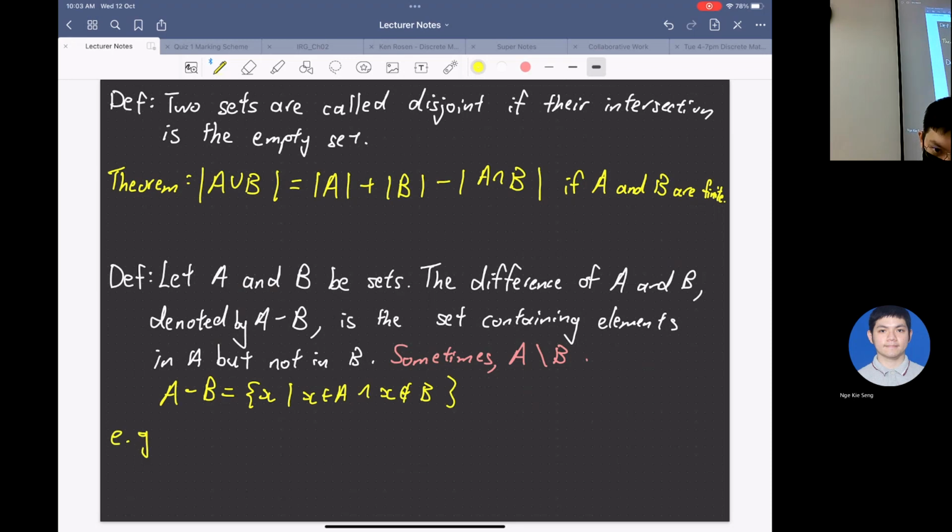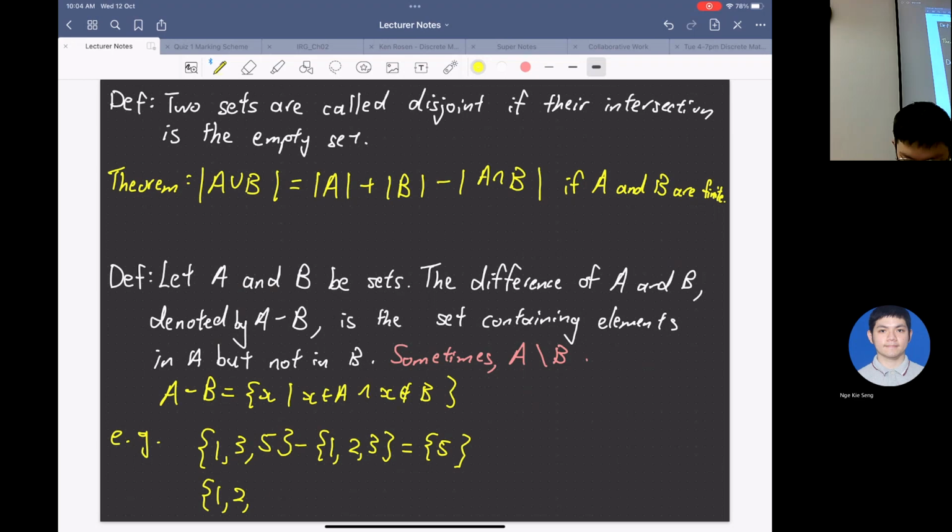For example, let us take our running example. {1, 3, 5} minus {1, 2, 3}. What do you get? 5. So you get a set containing 5. Note that this difference is not commutative, meaning if I swap the order of these two sets, you might get a different set.